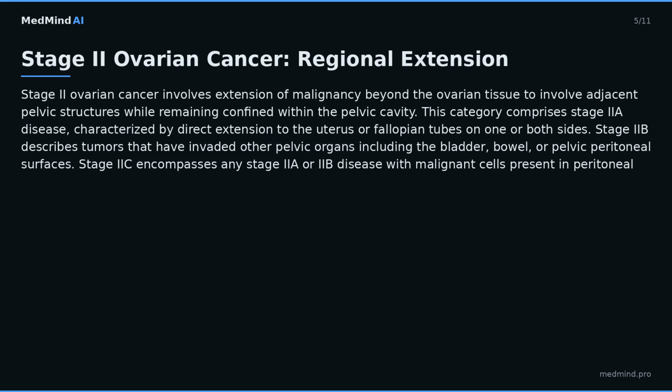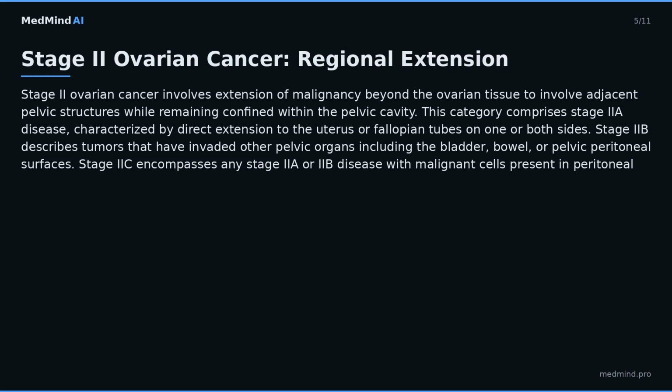Stage IIB describes tumors that have invaded other pelvic organs including the bladder, bowel, or pelvic peritoneal surfaces. Stage IIC encompasses any stage IIA or IIB disease with malignant cells present in peritoneal fluid or washings, indicating peritoneal seeding at the time of diagnosis.